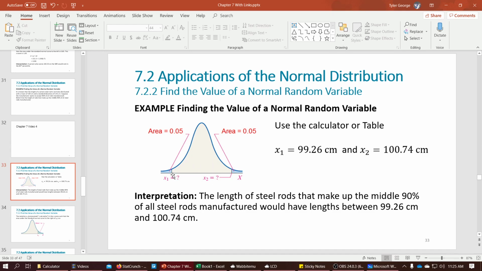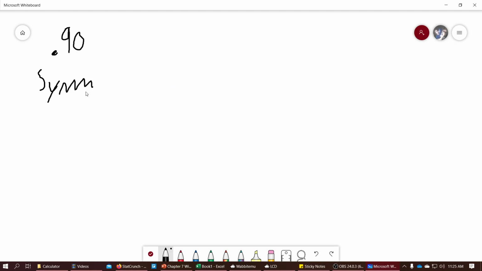If we have a total of 0.9 area under that center piece, that leaves only 0.1 area in total between those two tails. But there's two of them, so we divide by 2, and we get exactly 0.05 area in each tail. So that's where that comes from.